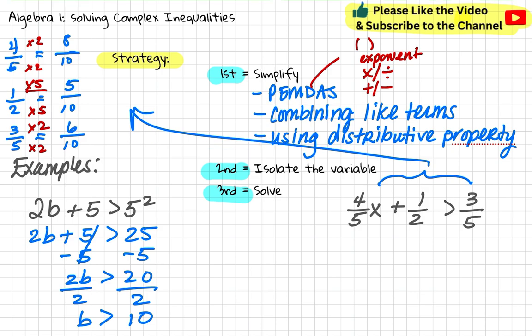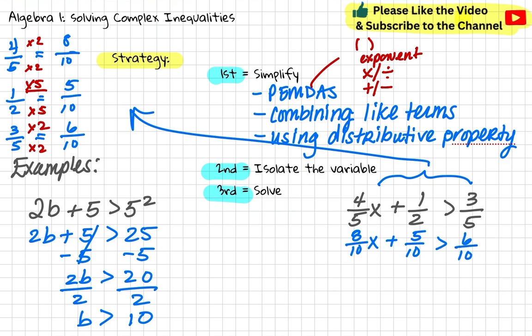So now I'm going to rewrite this with the fractions that are the common denominator. So that makes it 8 over 10x plus 5 over 10 is greater than 6 over 10.